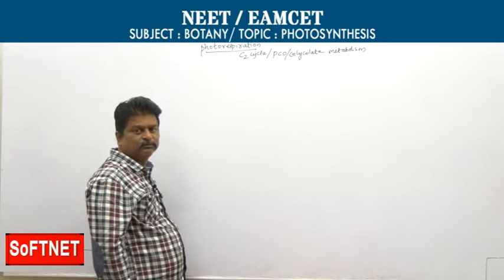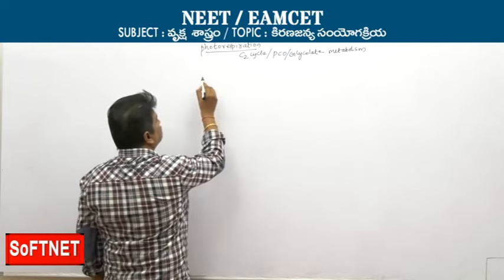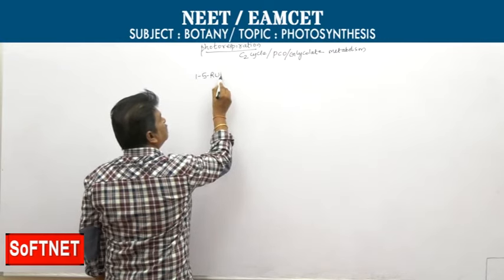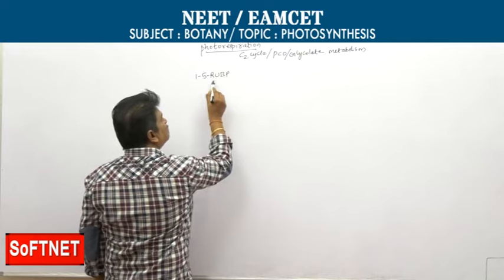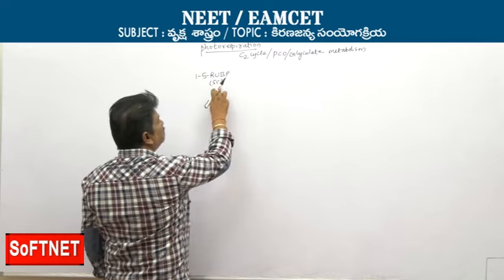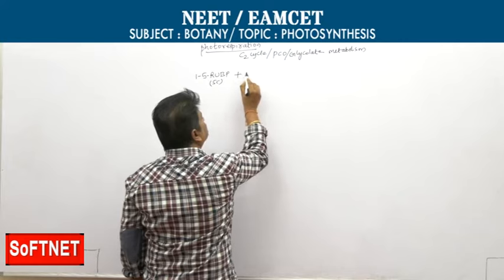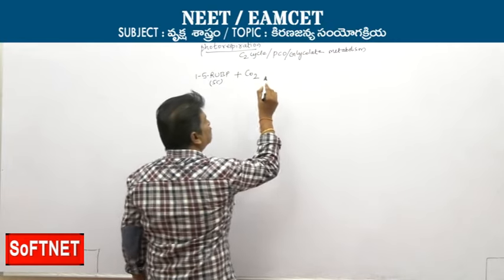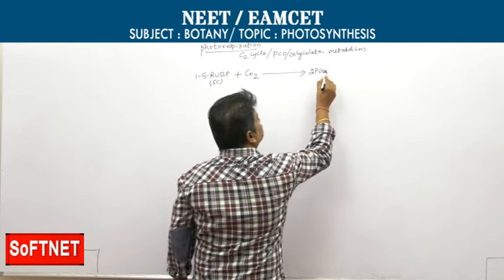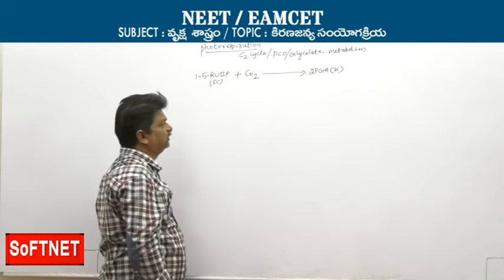First point, photorespiration occurs in C3 plants. Actually, first step in the C3 cycle is carboxylation. Normally 1,5-ribulose bisphosphate, this 5 carbon compound, fixes 1 carbon dioxide and forms 2 molecules of phosphoglyceric acid.